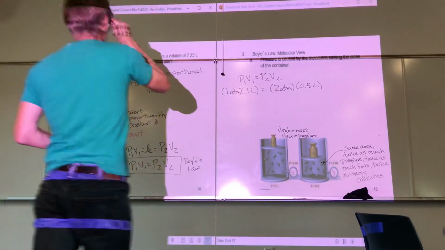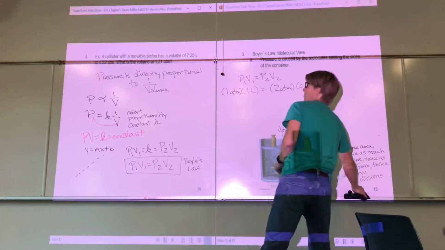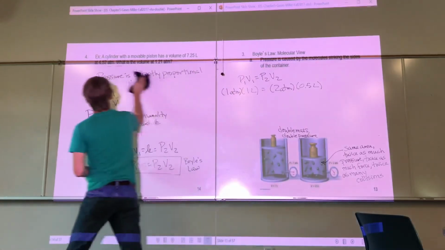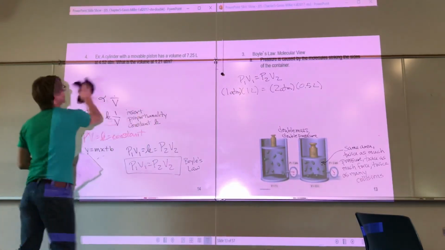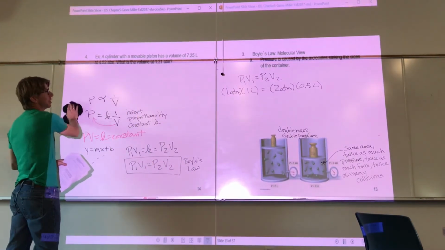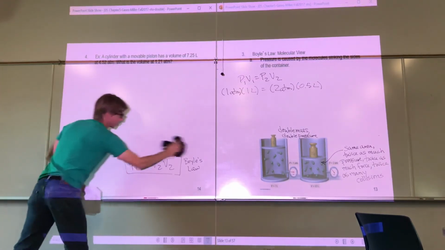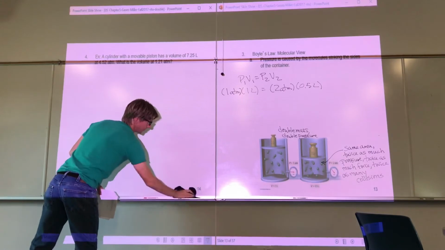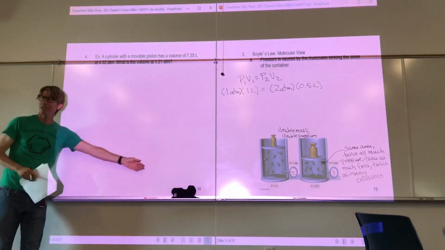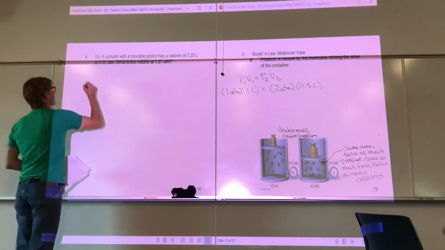A cylinder with a movable piston has a volume of 7.25 liters at 4.52 atmospheres. What is the volume at 1.21 atmospheres? I erased Boyle's law. I'm going to write it again.